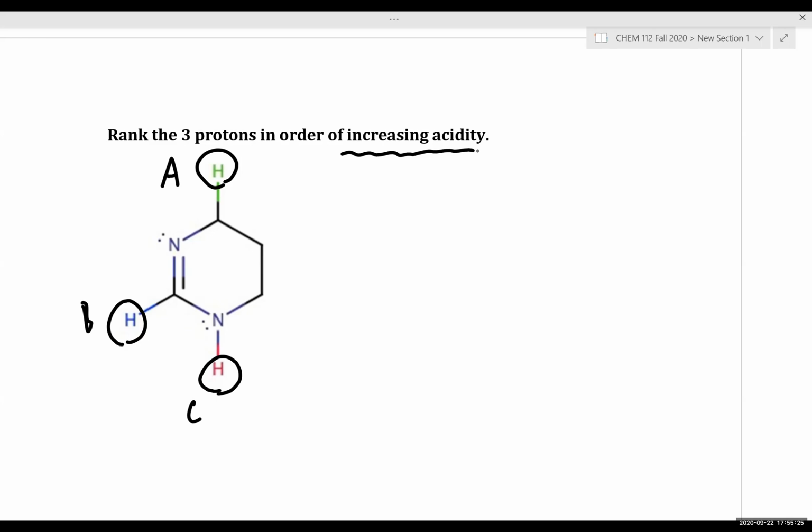So we have a wide range of different potential responses. Would anyone else like to chime in with their proposed response for the ranking of proton acidity for these 3 protons? And we'll discuss this example in about another 30 seconds to a minute.